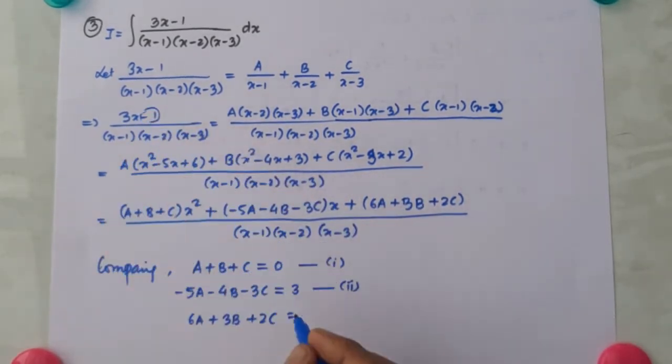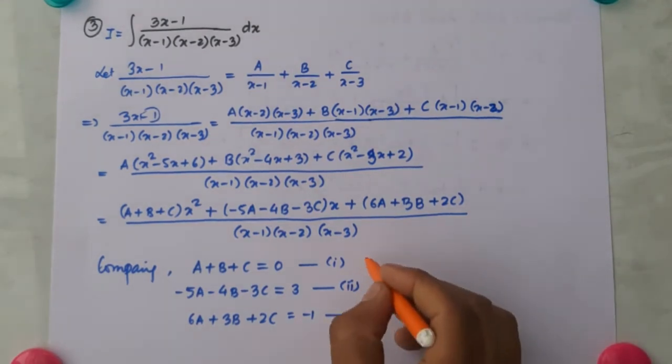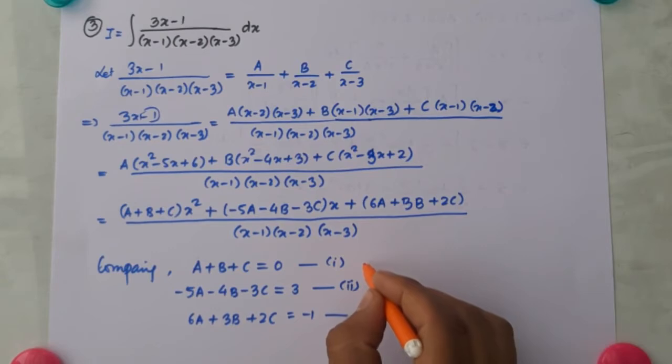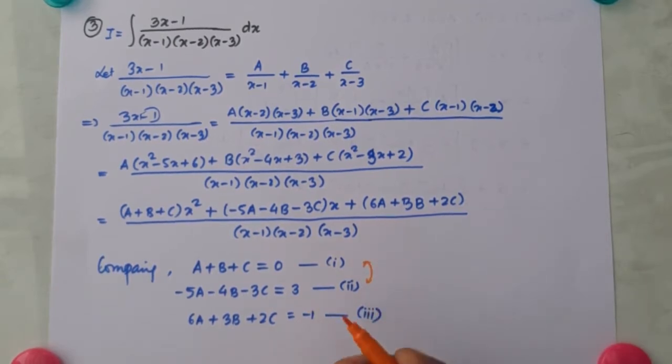It is minus 1, so this becomes -1, and this is my equation number 3. Okay, so from these three equations 1, 2 and 3, what you need to do is use two of them, eliminate one of the variables and solve.